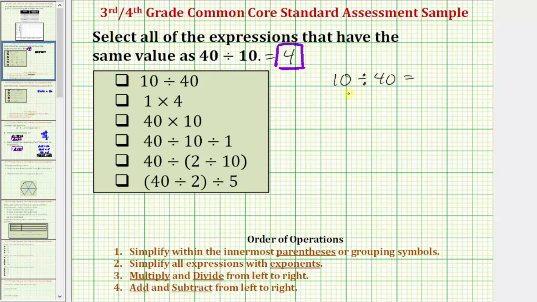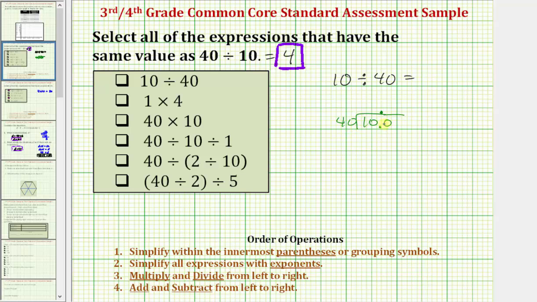But for a quick review, if we really did want to find this quotient, we might perform long division like this, 10 divided by 40. Because there aren't any 40s in 10, we can put a decimal point to the right of 10, move it up into the quotient, and then add a 0 and ask how many 40s are there in 100.